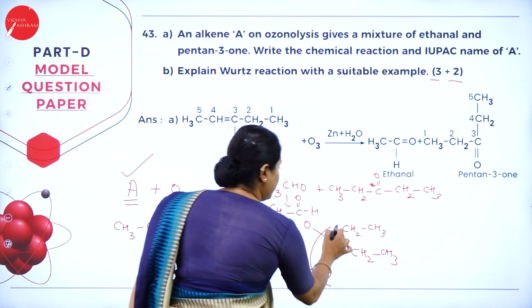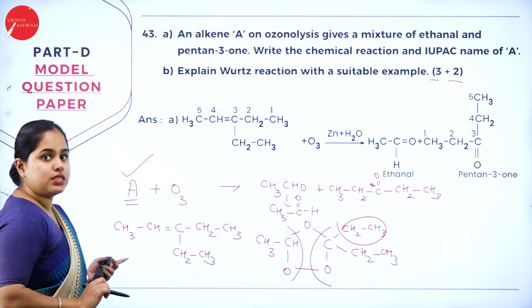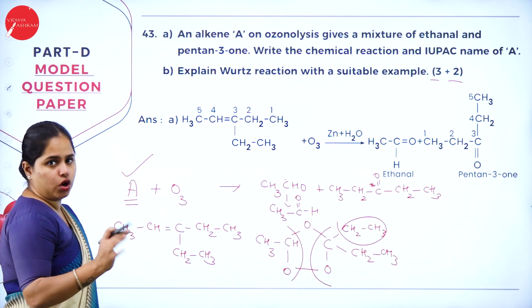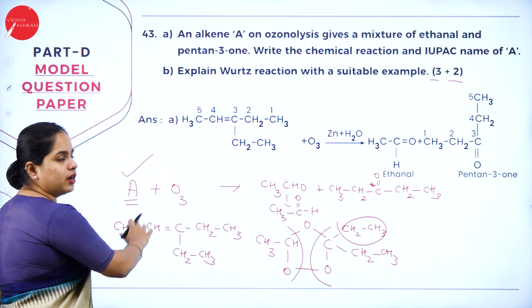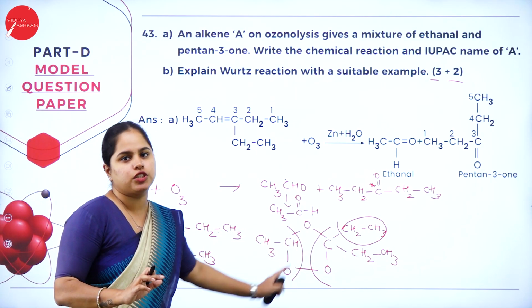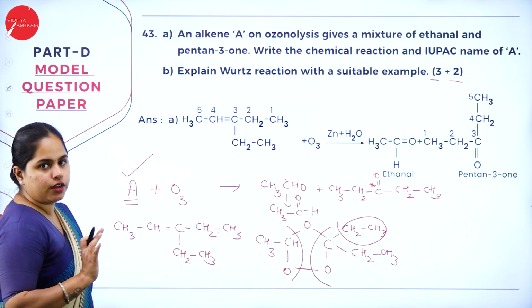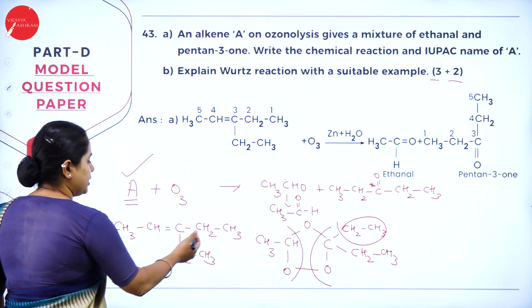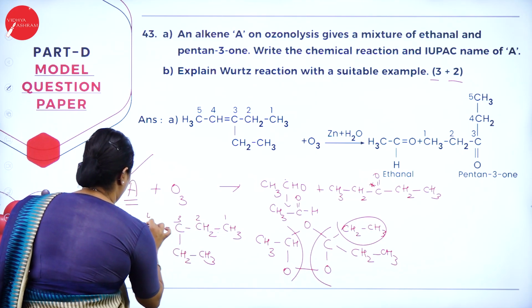So this is your A. When ozone is added to this alkene, ozonolysis takes place, the double bond is broken, and the 3 oxygen atoms will be attached in this format, which is the ozonide. So this is the alkene. So we have identified which is the alkene. Now we have to find the IUPAC name here. So let's begin from this side itself. So it is 1, 2, 3, 4 and 5.